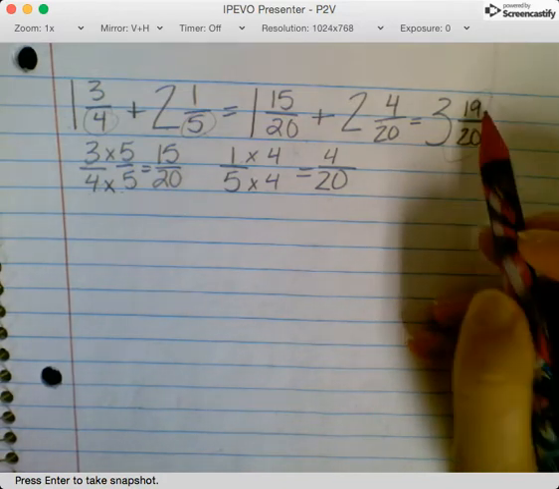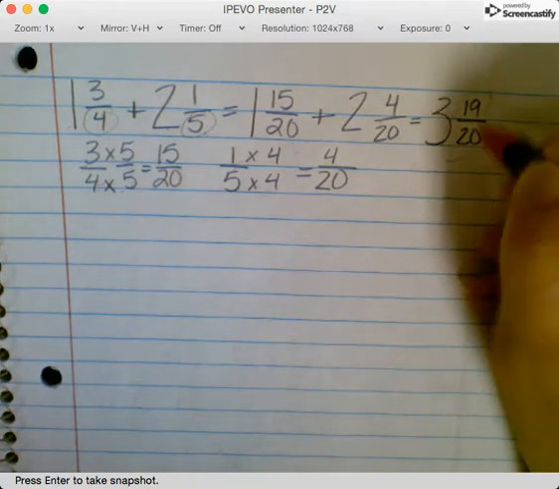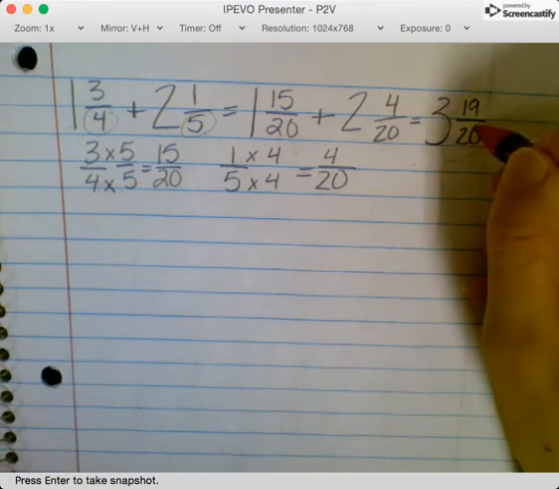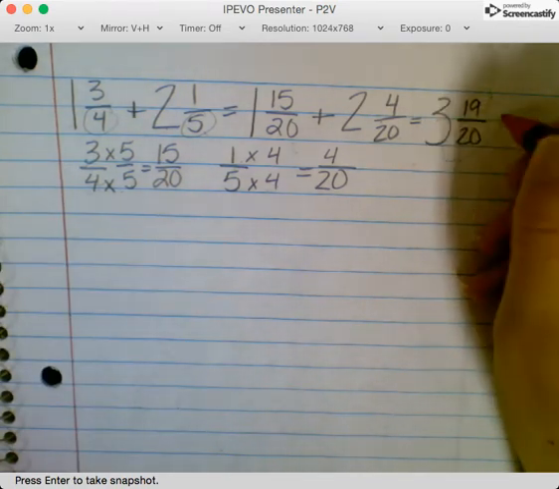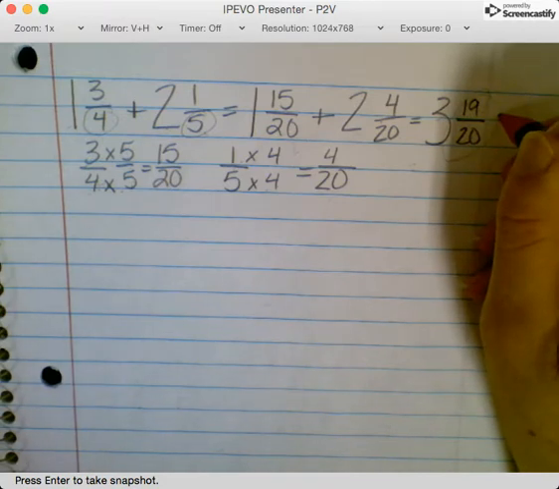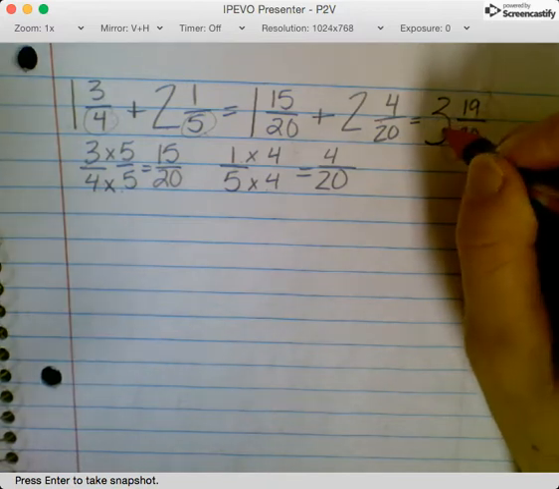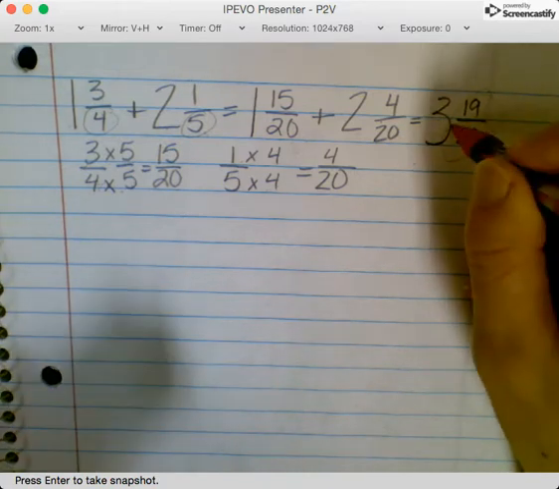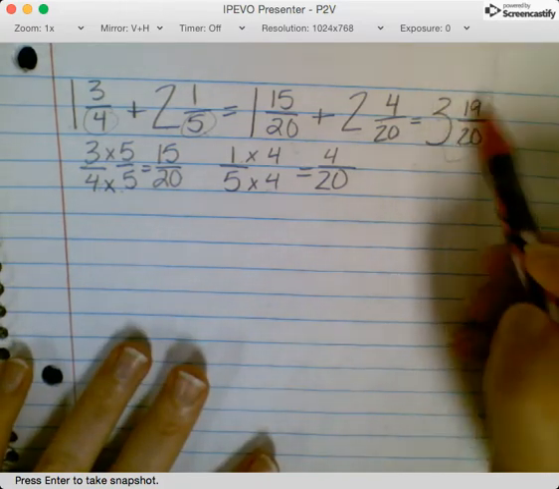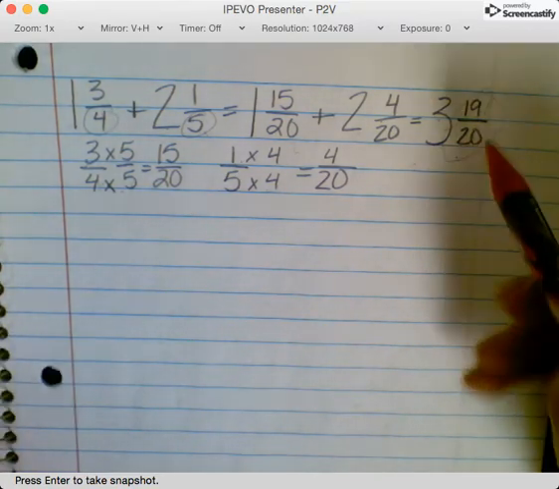If you had something like 20 over 20, that would be an extra whole, so that would change to just the whole number 4. If it were 21 over 20, then it would be a whole with 1 extra, so it would be 4 and 1/20. But in this example, the fraction was already proper, so we don't have to worry about changing it at all.